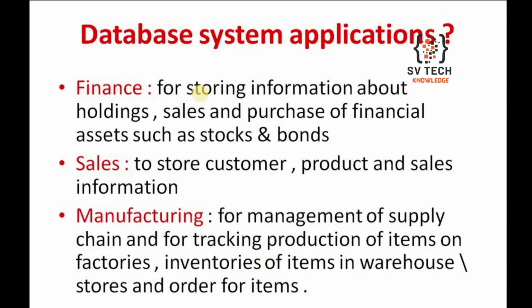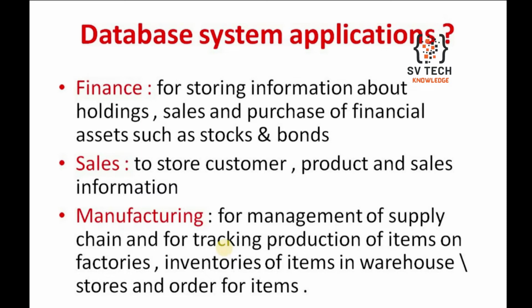Finance: for storing information about holdings, sales, and purchases of financial assets such as stocks and bonds, etc. Sales: to store customer, product, and sales information, etc. In manufacturing, for management of supply chain and for tracking production of items in factories, inventories of items in warehouses, stores, and orders of items.